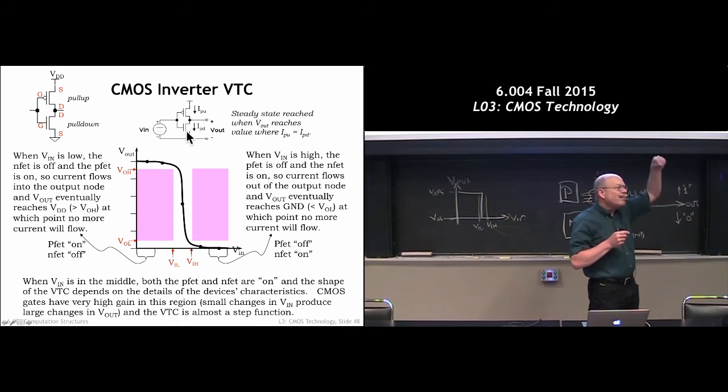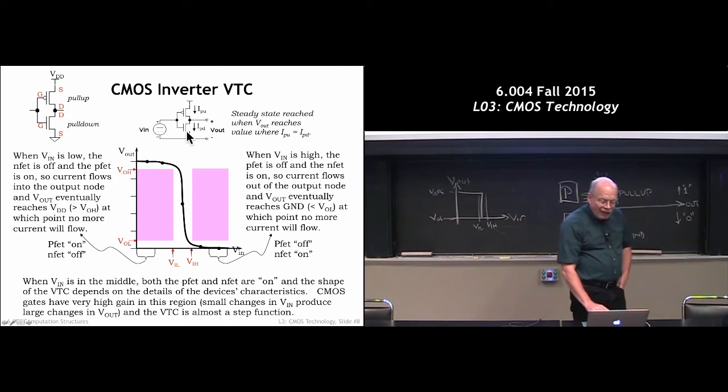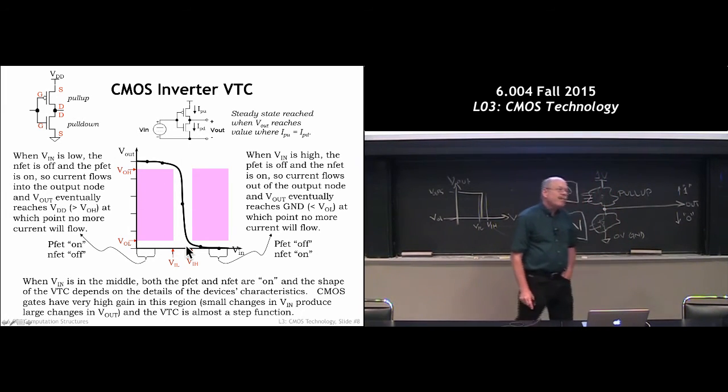Every time you change the input from low to high or high to low, there's a brief moment when both of the devices are on before the switches get settled out. In that brief moment, the device exhibits very, very high gain. And so we get almost our perfect transfer curve there. So CMOS is a logic family with excellent noise margins.